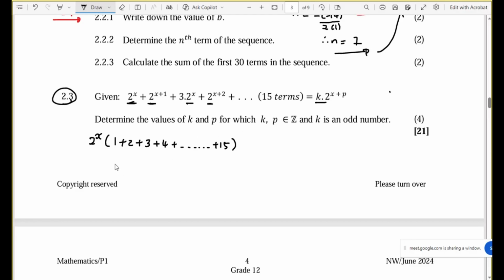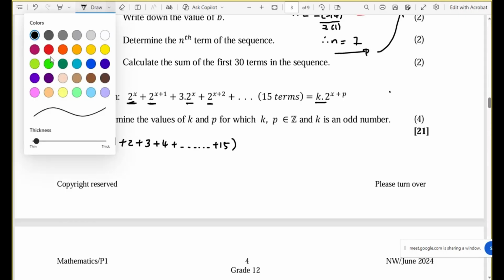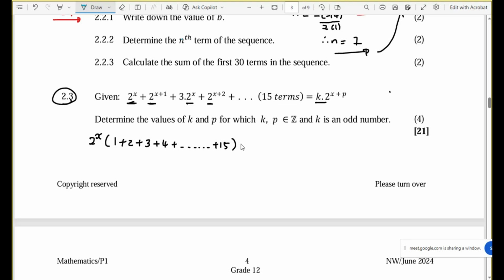You know what I'm going to do? I don't know how they're going to mark this, but I'm going to try and make this very, very short. I know that this 2 to the x, I'm going to multiply with whatever I get when I add all these numbers. So on my calculator, 1 plus 2 plus 3 plus 4 plus 5 plus 6 plus 7 plus 8 plus 9.